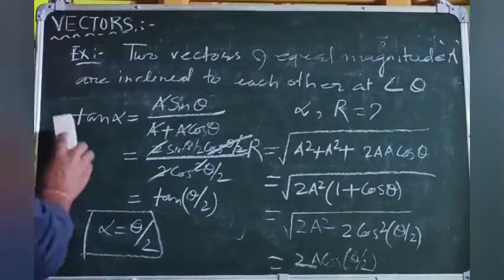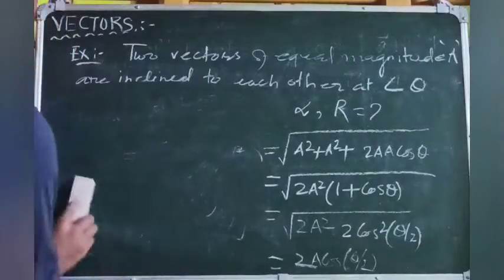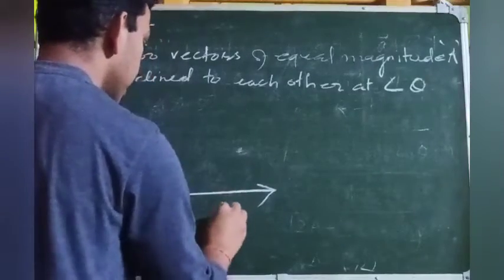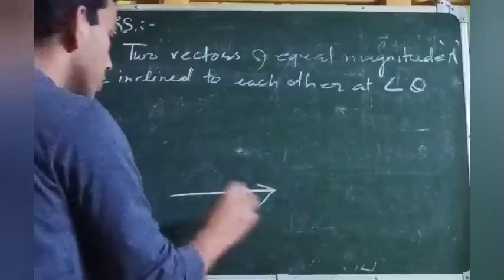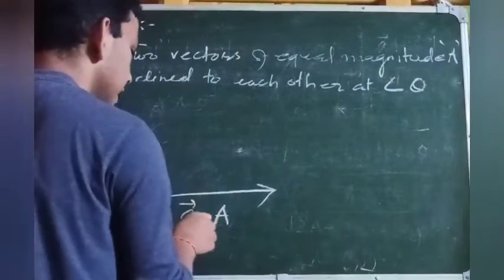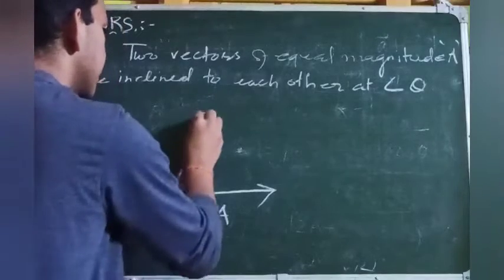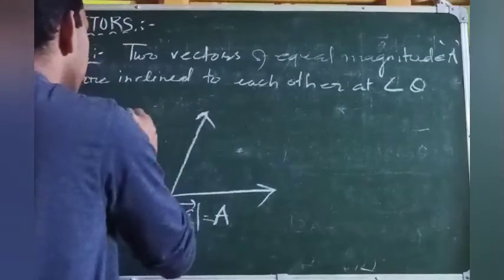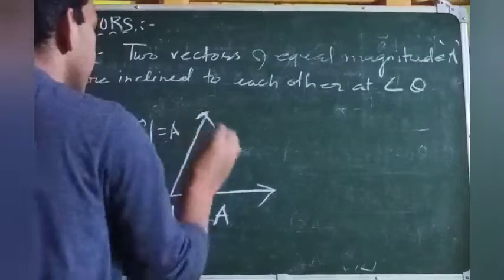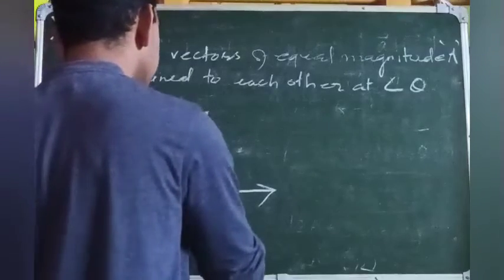Let us see its physical meaning. Suppose this is one vector a with magnitude a, and this is b vector whose magnitude is also a, and the angle between them is theta.